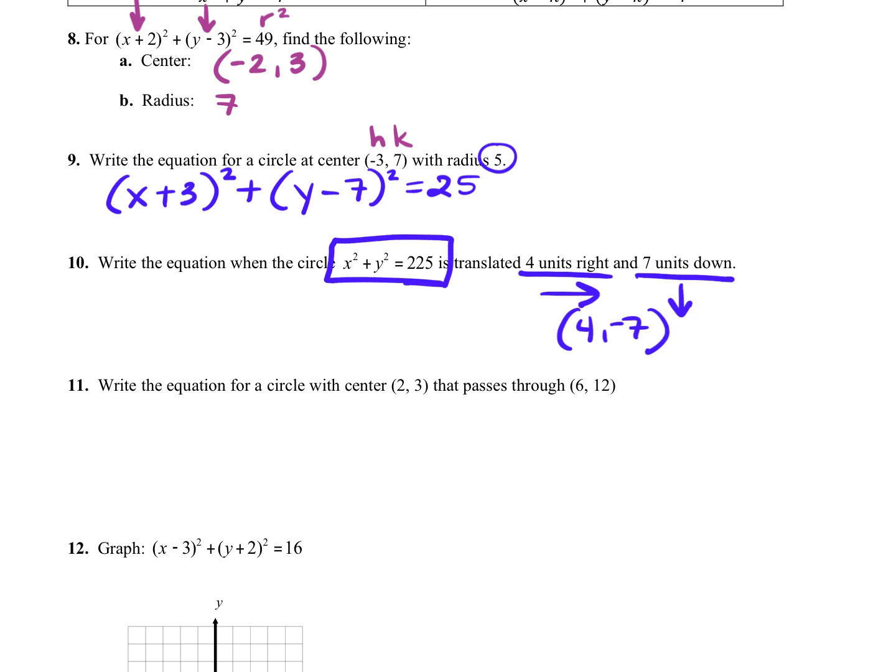So you're going to take that and drop that into the equation. Don't change the 225. Your radius doesn't change when you shift it over. So it's just going to be x minus 4 squared plus y plus 7 squared equals 225.